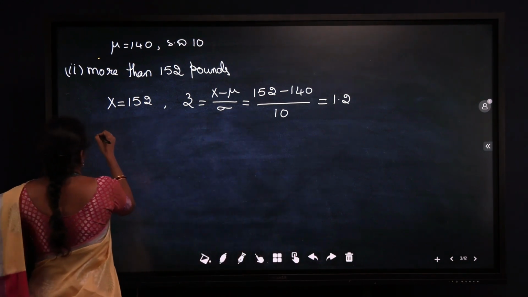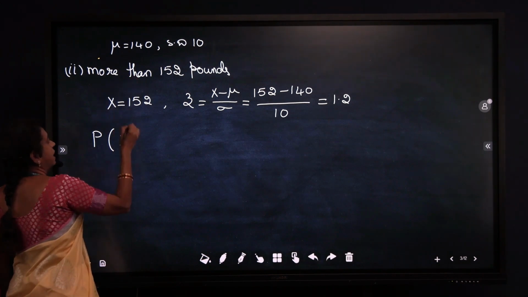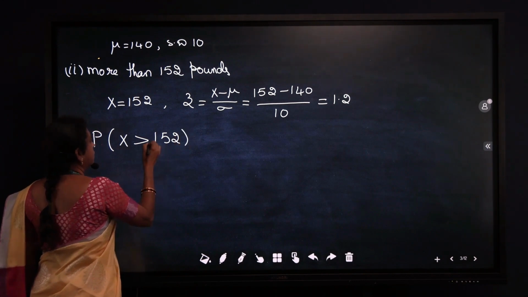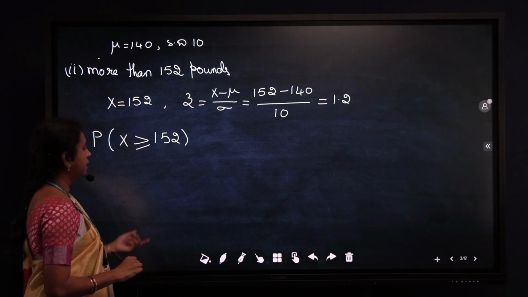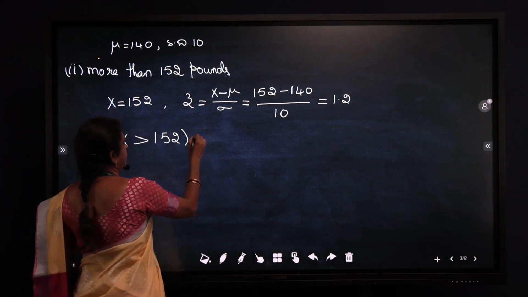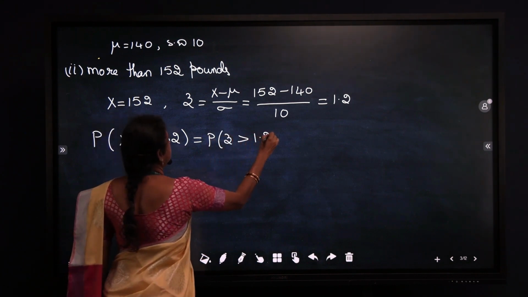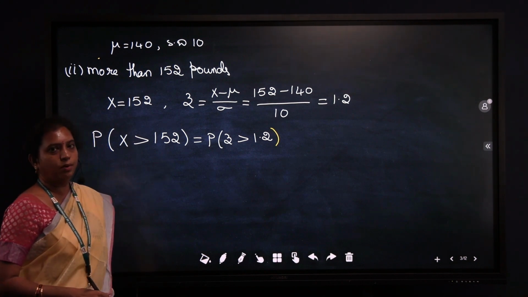Now we have to find the probability of X greater than 152. Like I told you, whether equal to is included or not doesn't change it. So the probability of X greater than 152 will be the probability of Z greater than 1.2, right? Because the corresponding value is 1.2.